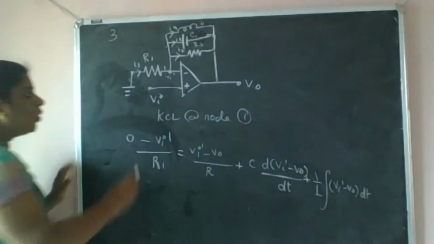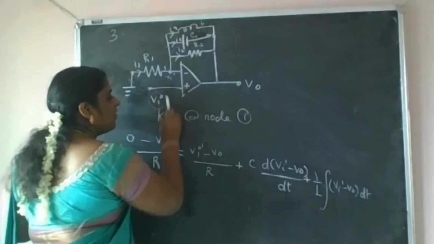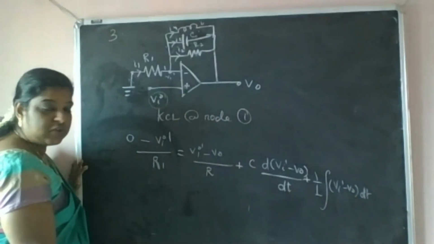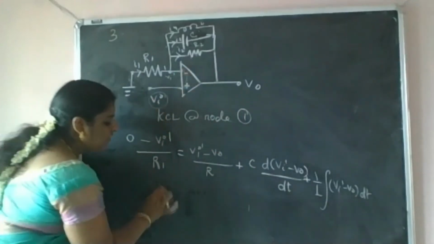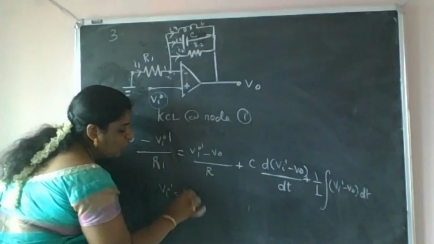Now we know the input Vi is connected to the positive terminal, so the value of Vi dash is equal to Vi.